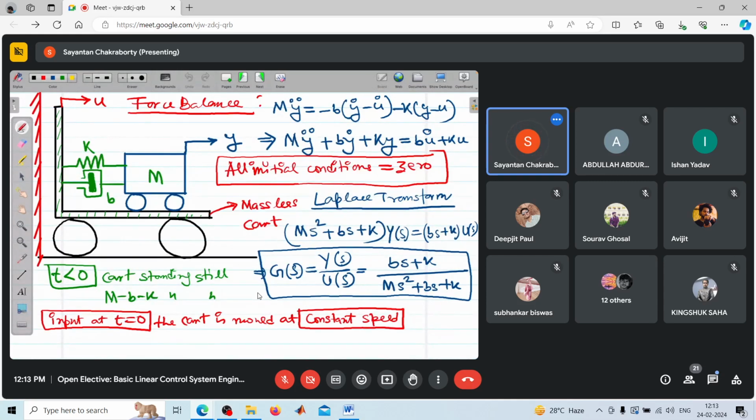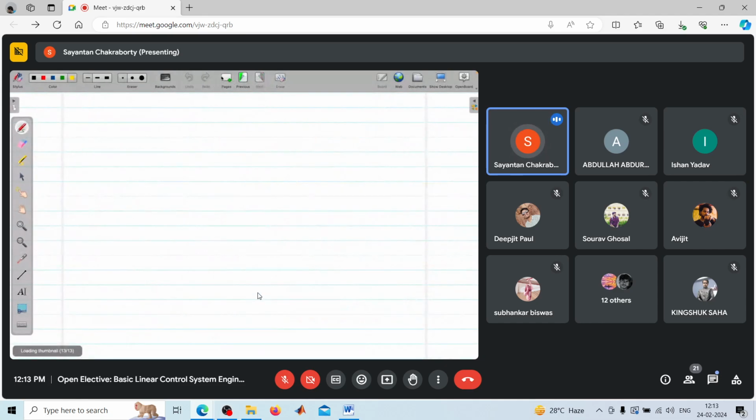Okay, so I'll conclude today's lecture by giving a final example, because once you're studying the dynamic behavior of a system, we should also be very much aware of the equilibrium point, when and how the equilibrium point is reached, and the interpretation of the equilibrium point.